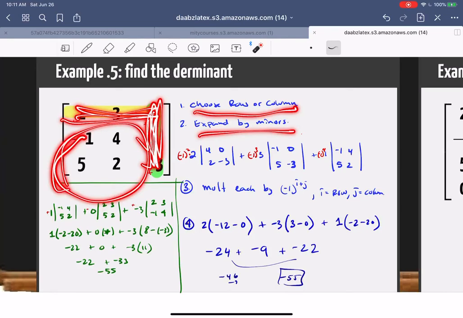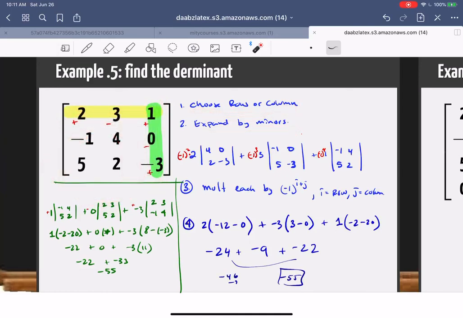If this was a 4x4, the submatrix would be a 3x3. If this was a 10x10, the submatrix would be a 9x9. And so you could go on and find the determinants based on the techniques for finding determinants of smaller square matrices. Expand by minors, make sure you add the right signs to it, and just crank it all out. It's beautiful. This is consistent. It always works.